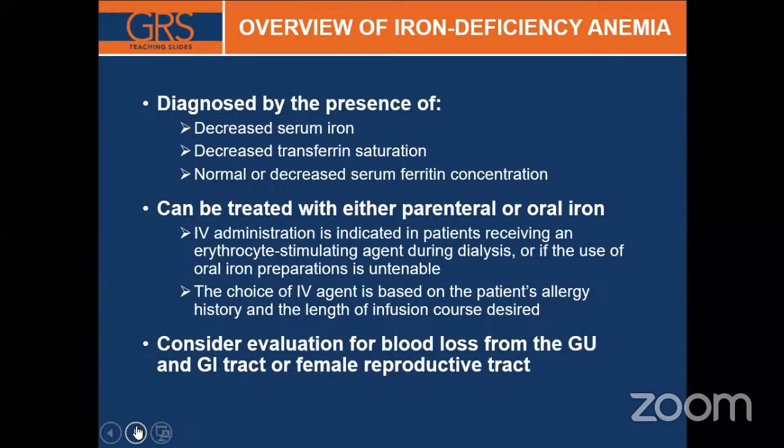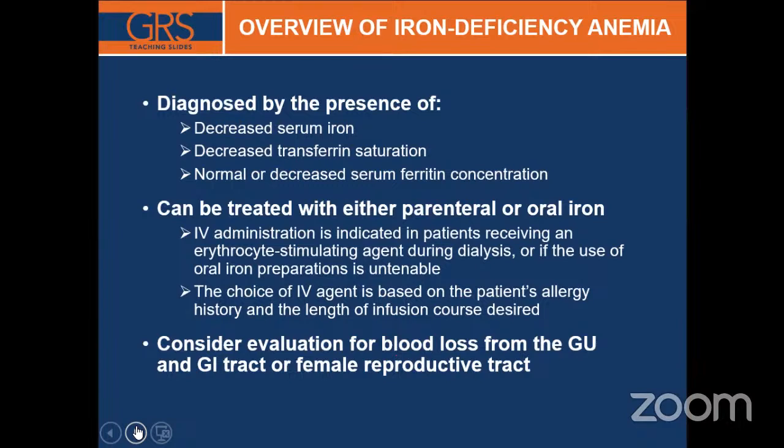Okay, to continue with the overview of iron deficiency anemia. It is diagnosed by the presence of, first, decreased serum iron, second, decreased transferrin saturation, and third, normal or decreased serum ferritin concentration. Iron deficiency anemia can be treated with either parenteral or oral iron.